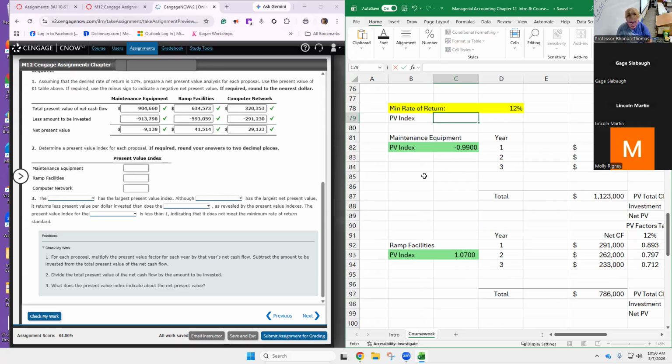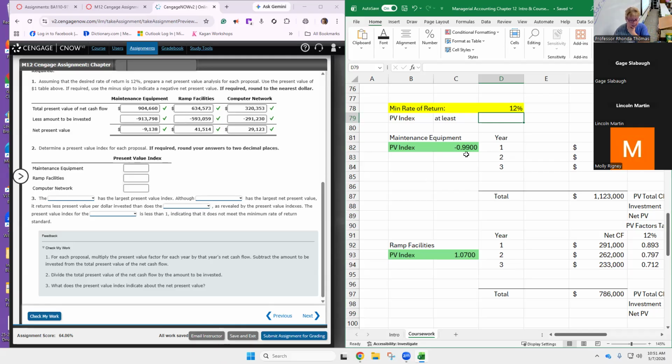If it's 1, you are breaking even because you're taking the amount that you calculated in cash flow and subtracting its cost. And if the cost is more than your cash flow, you aren't breaking even. You're not getting more benefit than you're giving up, okay?